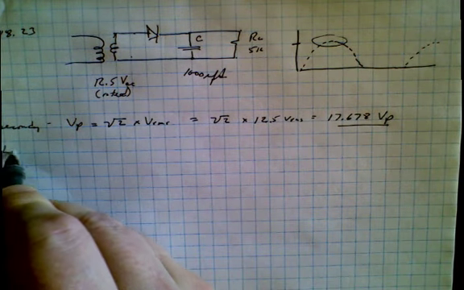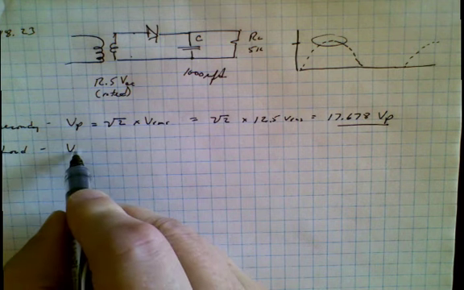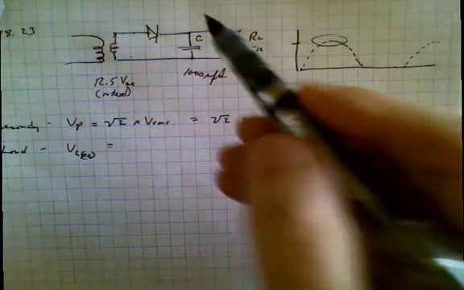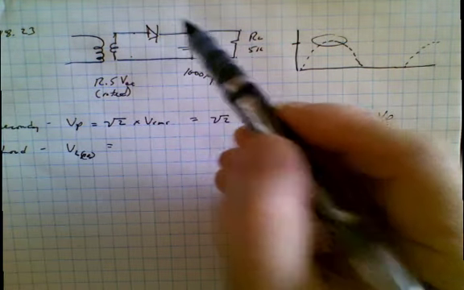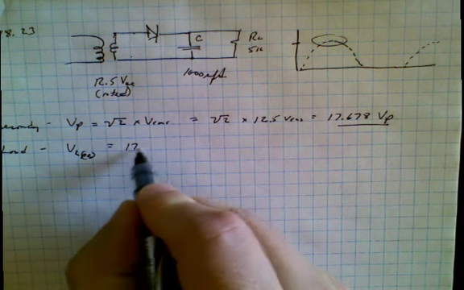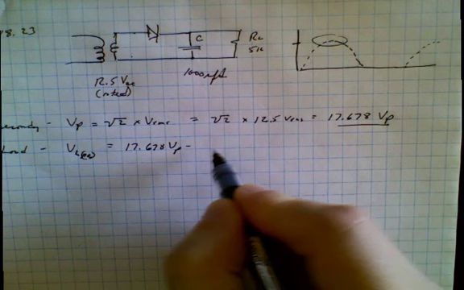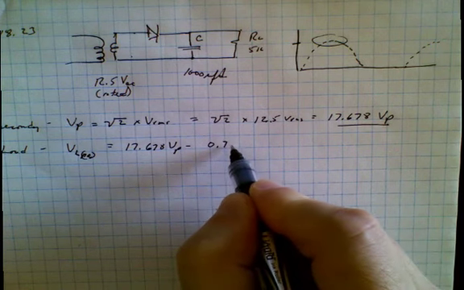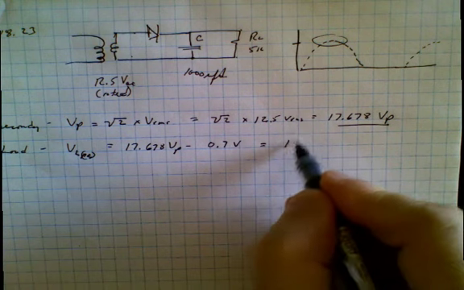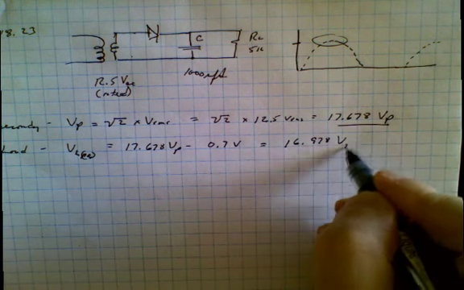The peak voltage at the load is simply going to equal this voltage minus the drop across the diode. So that's going to equal 17.678 volts peak minus 0.7 volts, which is 16.978 volts peak.